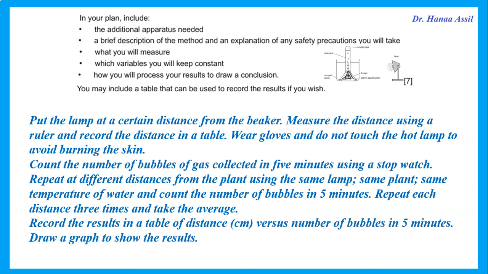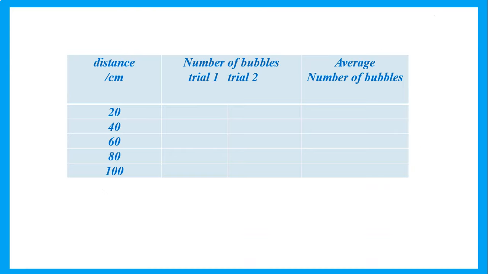Record the results in a table of what? Of the distance in this unit, centimeter, versus the number of bubbles. So the table can look something like this: distance in centimeter and the number of bubbles for the first trial and second trial, and then the average for each of the distances.